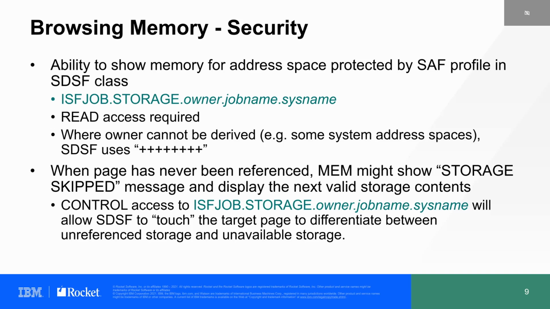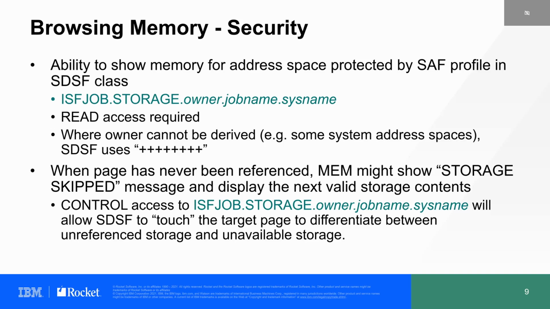So if you're like me and you agree with that, you can have an option to allow SDSF to just gently touch that page in order to bring back binary zeros for you instead.